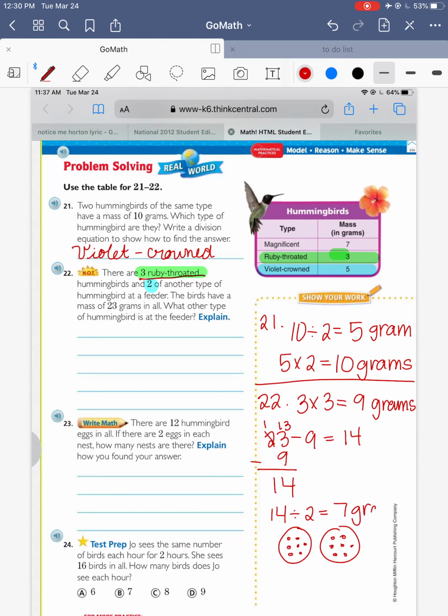So which hummingbird weighs 7 grams? It looks like up here, the magnificent hummingbird weighs 7 grams. So the other type of bird at the feeder is 2 magnificent hummingbirds.